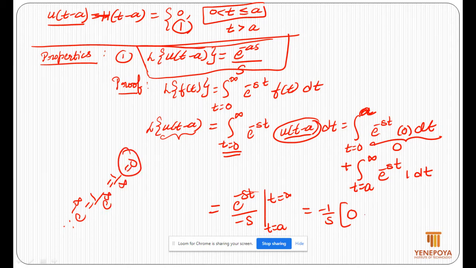So we get minus e power minus as, the value at t equals a. Minus into minus becomes plus, so e power minus as divided by s. So remember the formula: e power minus as divided by s is the Laplace transform of the unit step function.